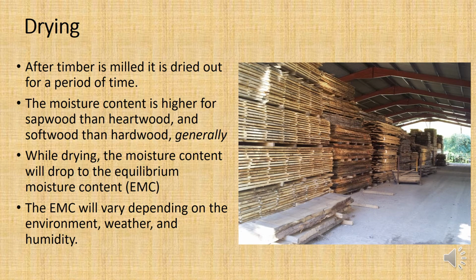Well, once the timber is milled, that means it's cut into the various shapes. It needs to be dried out for a period of time. Now, you can't just cut down the trees, mill it, and then immediately build a house out of it. You're going to have all sorts of weaknesses and rot and flecks, all sorts of problems.